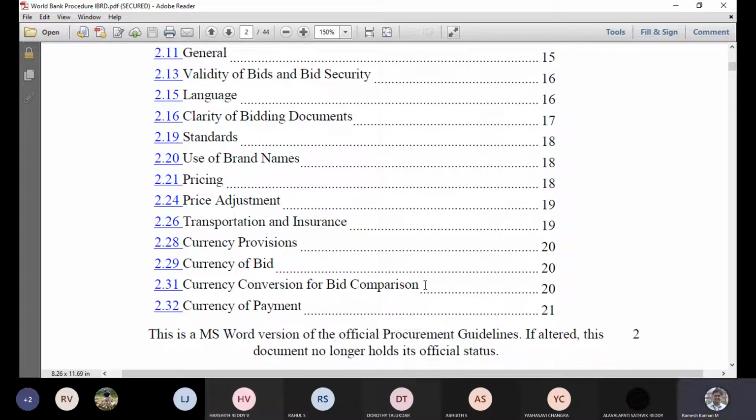In the same way, if you quote now and the project really happens after 3 years, then you should look into the inflation and the currencies at that moment, right? You should not say that you quoted too little earlier and now you're asking for more. So in that case, all those things, price adjustment.